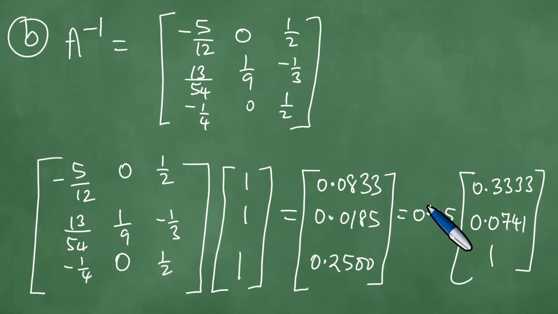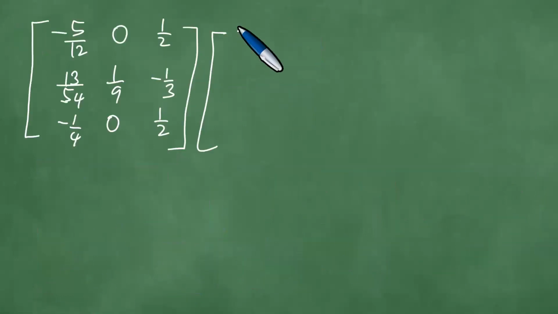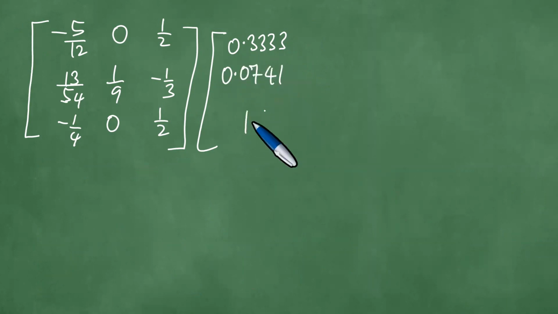You take this vector, which is sort of the eigenvector associated with this eigenvalue, and plug it in this position: 0.3333, 0.0741, and then 1. We do row by column multiplication. This minus 5 out of 12 by this, 0 by this, half by this. You add everything.